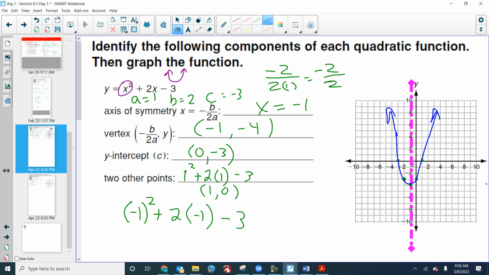The vertex. Isn't the vertex either the lowest point on the parabola or the highest point if it's opening down? Do you agree? So I put my finger there, and the range is the y value. So what's the y value here? -4. Is it -4 and above, or -4 and below? So y is greater than or equal to -4. Do you agree for range? What if it was opening down? Y is less than or equal to -4.